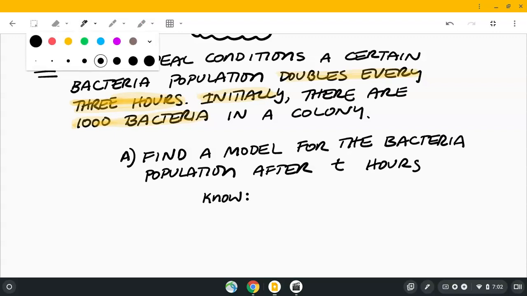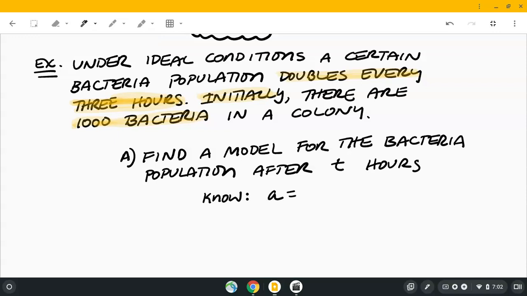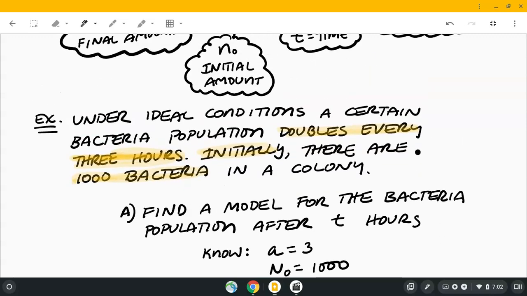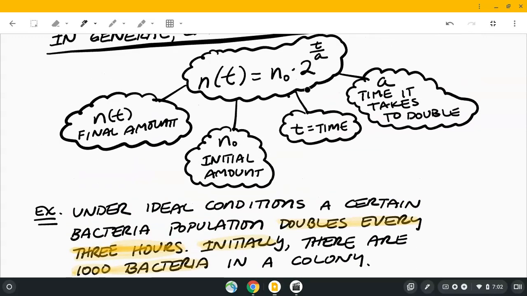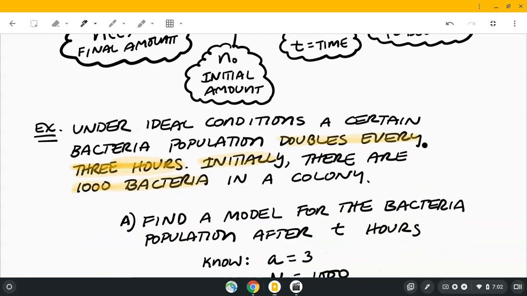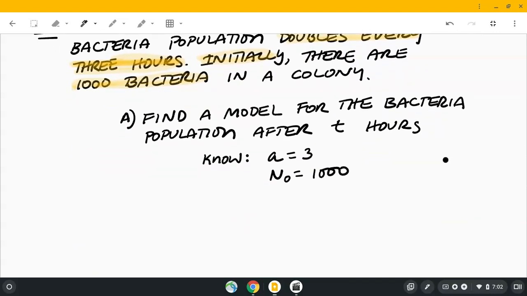So we know A, the time it takes to double, is 3. And we know that the initial amount, N0, is 1,000. Those are exactly the two things we need to write this function, so we can find a model for this bacteria population.